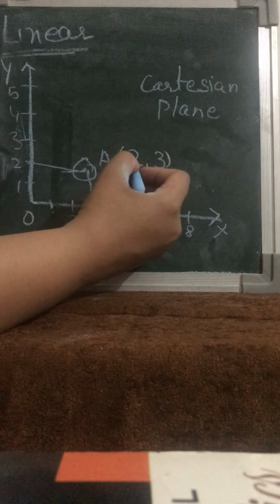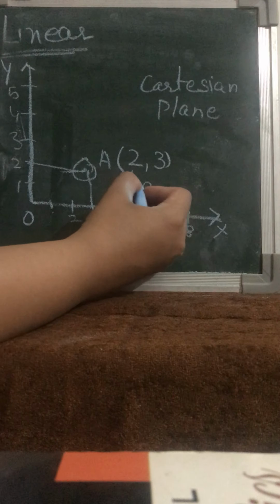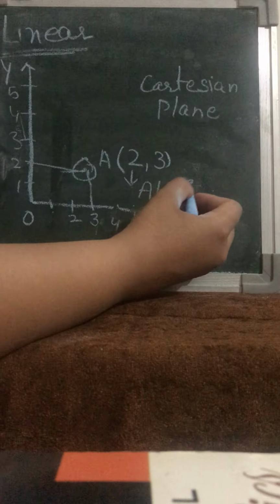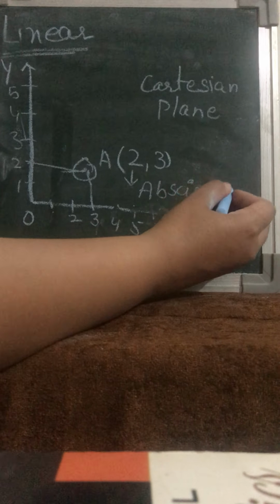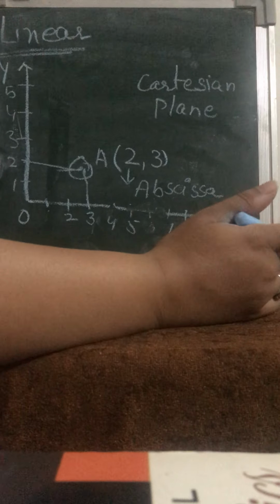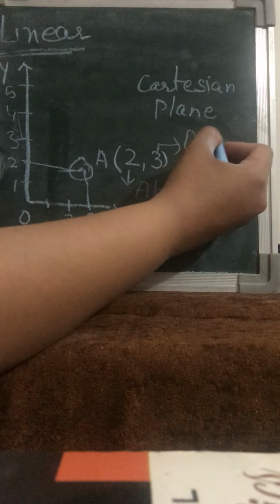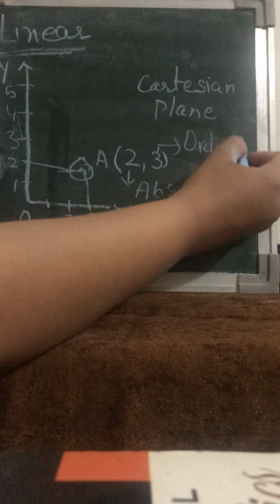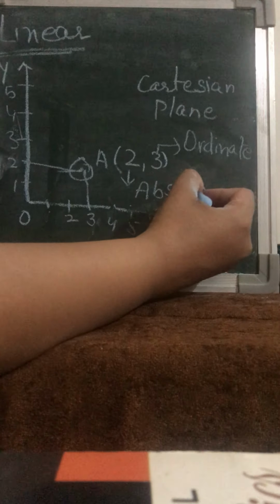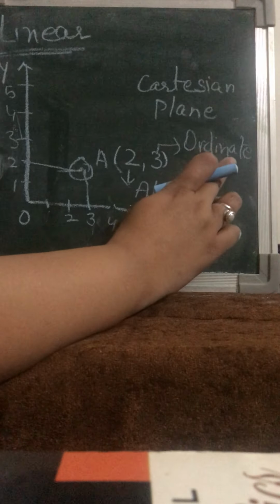And this 3 is known as the abscissa. ABSCISSA, abscissa. Pronunciation: abscissa. And this is known as the ordinate. What do we call it? Ordinate. The value of x is the abscissa and the value of y is the ordinate.